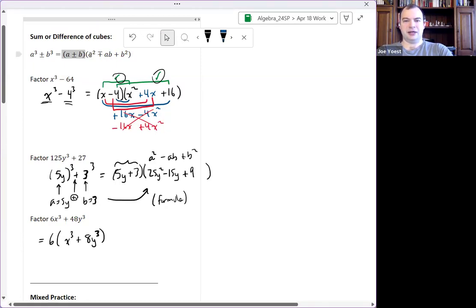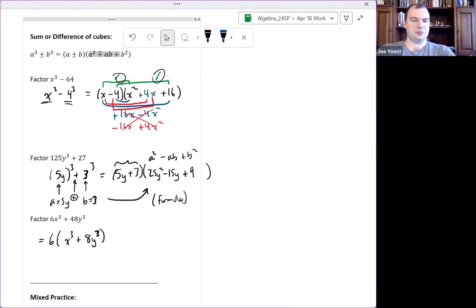And the second factor then is a squared, or 5y all squared, or 25y squared. The sign switches, so I had a plus sign in the 5y plus 3. This middle term gets a minus sign. So I have a minus ab, 5y times 3, or that's just 15y. And then plus b squared, plus 3 squared, or plus 9, just coming straight from the formula.